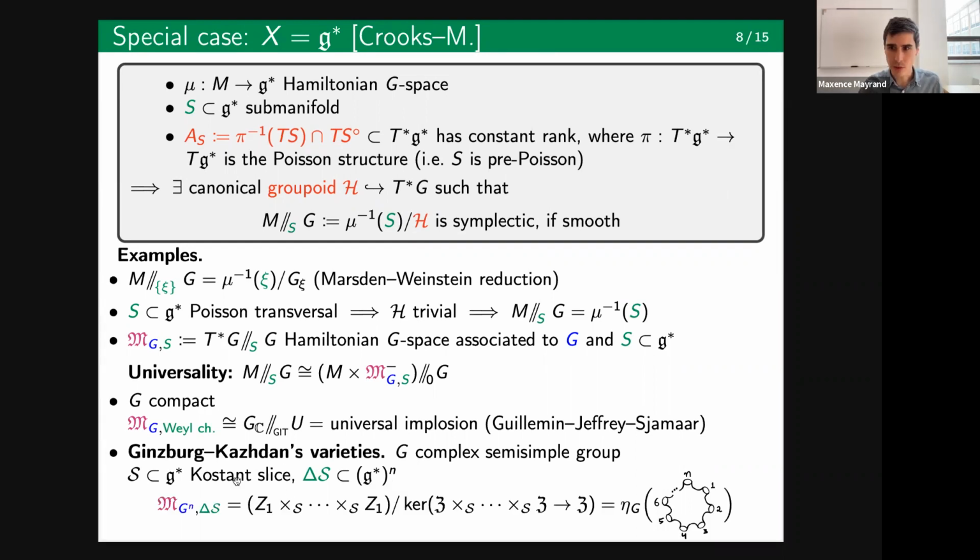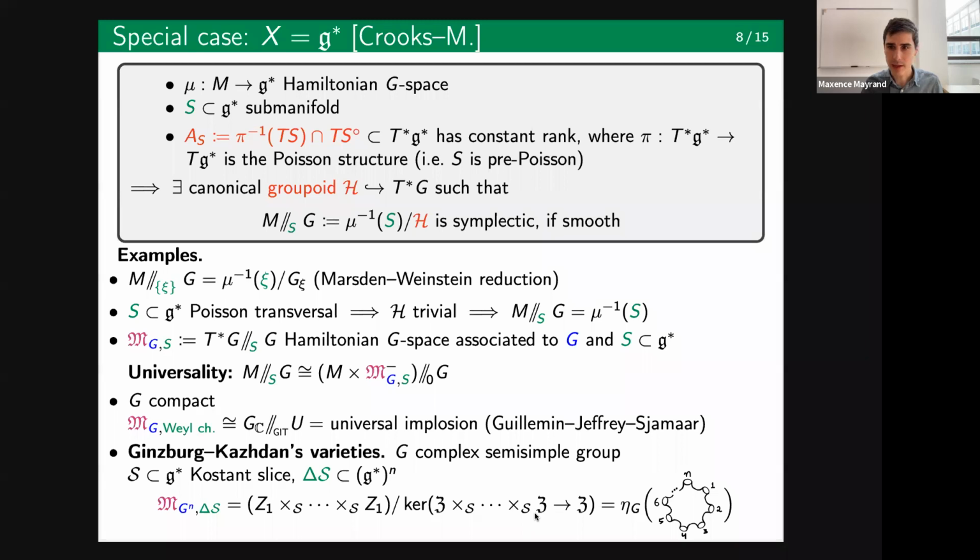And this universal space here will be a Hamiltonian G^n space, and it recovers directly the construction of Ginzburg and Kazhdan, which is the space associated with the n-punctured sphere. So here, this stabilizer subgroupoid is the kernel of the n-fold multiplication map. And so the moment map condition is obtained by this preimage of the diagonal, and then this is the stabilizer subgroupoid.